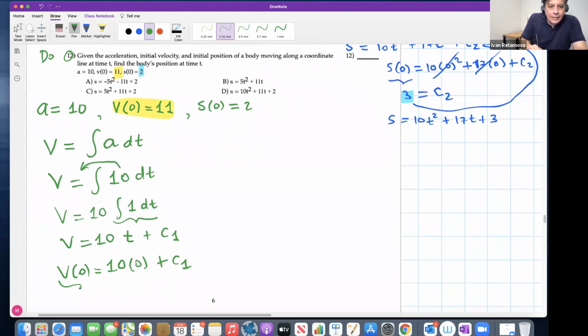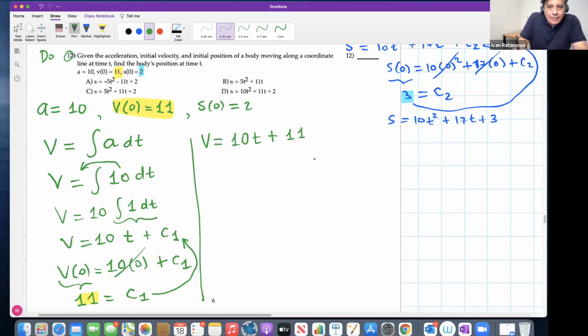But on the other hand, using this information it's 11. So 11 must be equal to this, 10 times 0 plus C1, so C1 is 11, right? Again, the 11 ends up being the constant one. All right, so now that you know the constant, put it here, and you will see that your velocity function is completely determined, it is 10t plus the constant 1, 11, right?